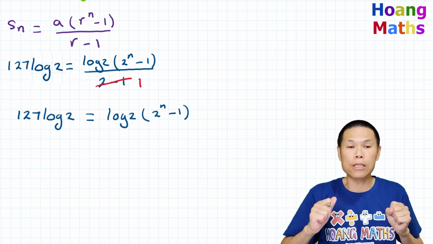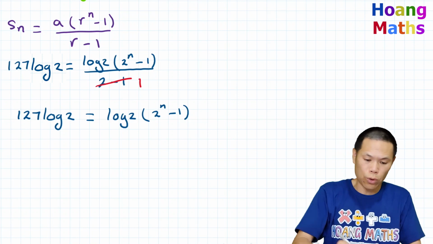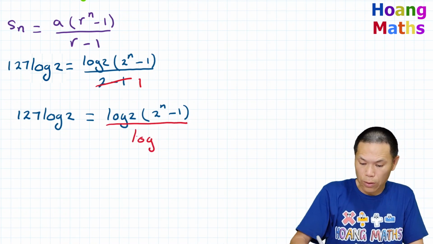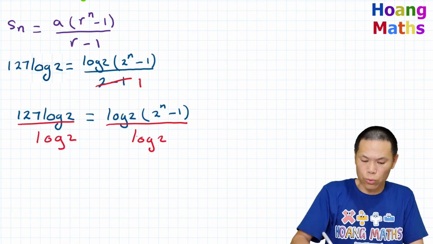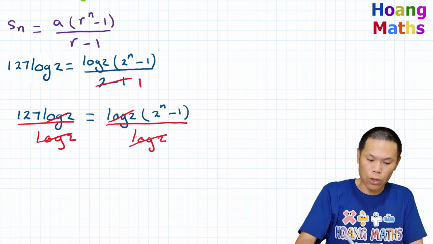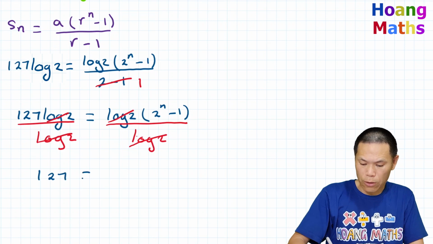Of course, we can simplify further by dividing both sides by log of 2. Of course, this cancels out, and this cancels out. So therefore 127 is equal to 2 power n minus 1.